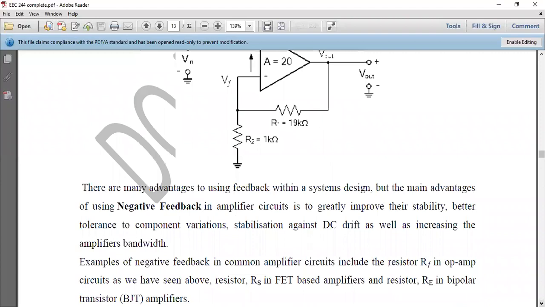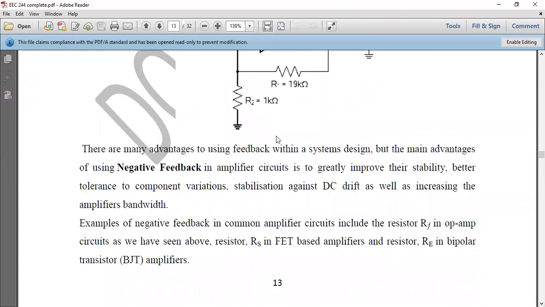So the major advantage that we have here is that before we had very high open loop gain, but now we have a much smaller gain, but with a lot of stability. We have greatly improved stability, and the circuit has better tolerance to component variations, and it stabilizes against DC drifts, as well as increasing the amplifier bandwidth.